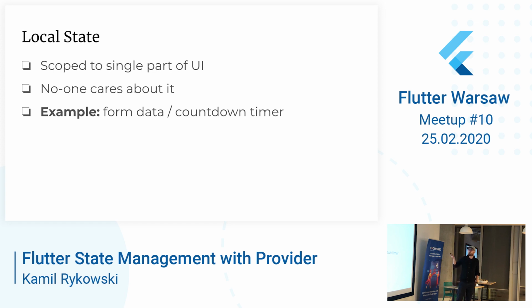An example of good usage, from my understanding of local state: the local state is built into Flutter. Flutter comes with, you've probably heard about this, the stateful widget. The stateful widget realizes the local state.